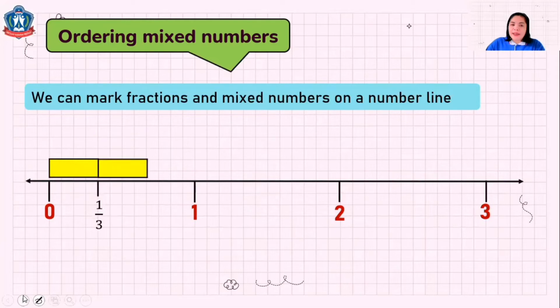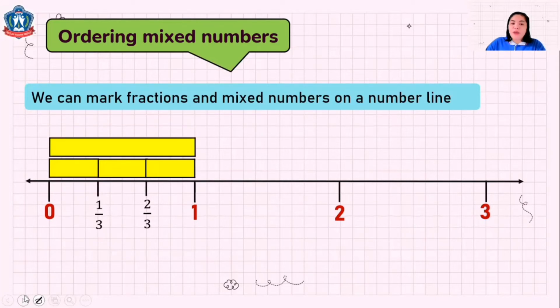The second part is 2/3. And the full, that is 1 whole, or we can call it 3/3. If we divide 0 to 1 into 3 parts, we will also divide 1 to 2 into 3 equal parts like this. We divide them the same.